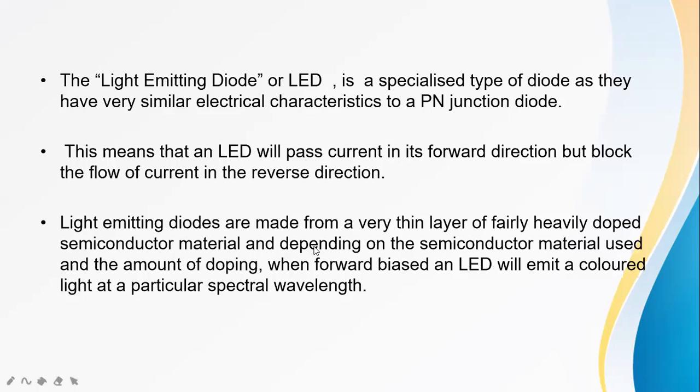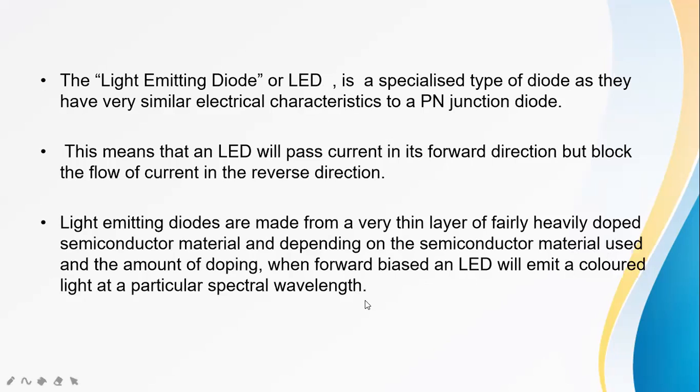The same principle applies in this LED. Light-emitting diodes are made from a very thin layer of fairly heavily doped semiconductor materials. The doping level of an LED is heavy, and depending on the semiconductor material used and the amount of doping, when forward biased, an LED will emit a colored light at a particular spectral wavelength.